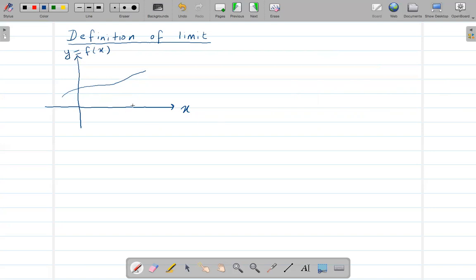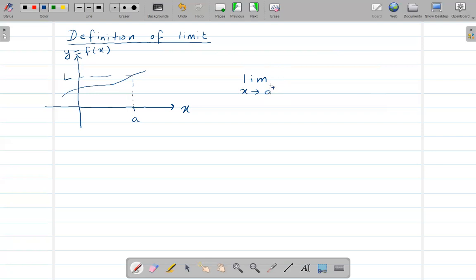Anyway, let's say on the x-axis we have a point A, and if x is A, then y, we get L. Now let's look at this again in limit form. Let's say the limit of x goes to A, with a plus on the top. What does that mean?